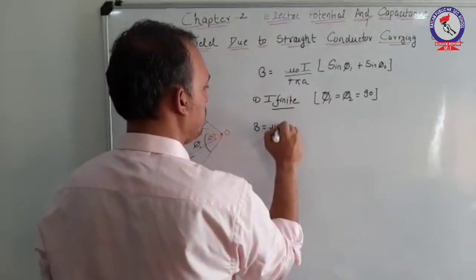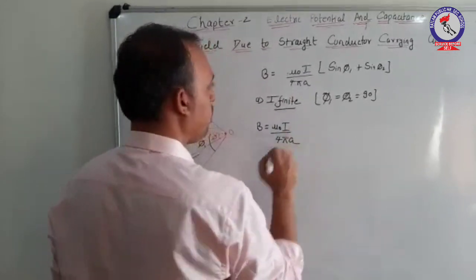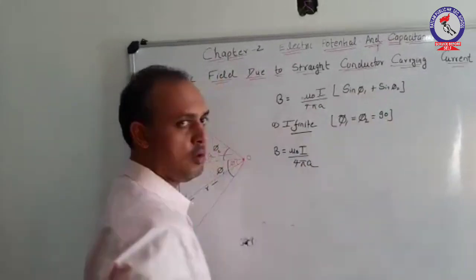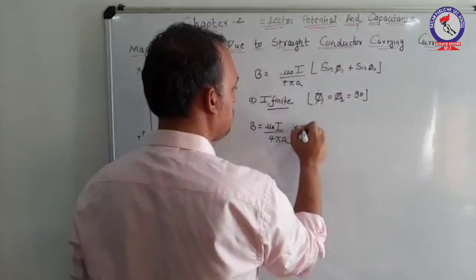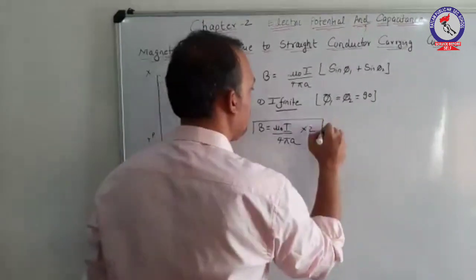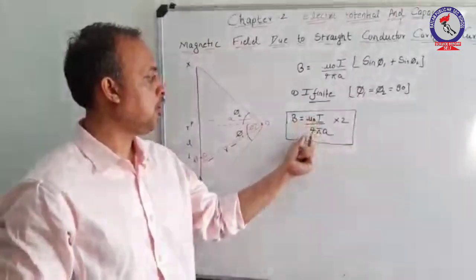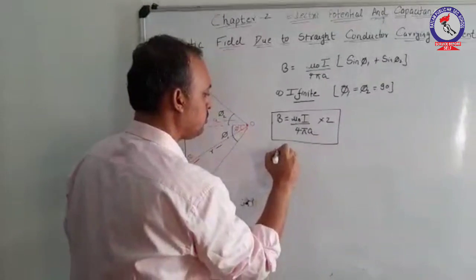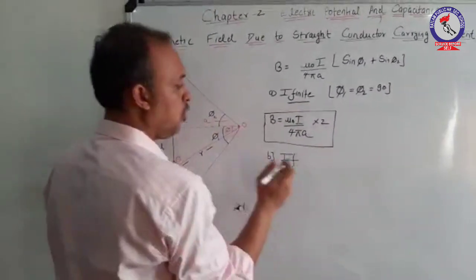B equals mu naught I upon 4 pi a, sin 90 plus sin 90. The value of sin 90 is 1, so 1 plus 1 becomes 2. The magnitude of field of a straight conductor of infinite length is mu naught I upon 4 pi a multiplied by 2.